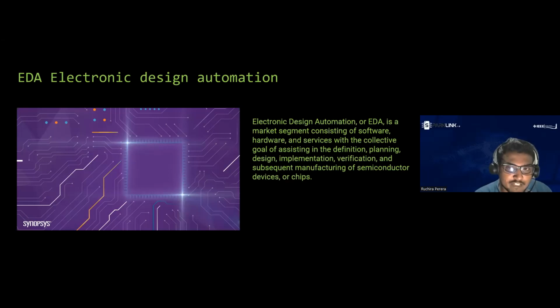Do you believe that this small chip, with a size of about 3 by 3 centimeters, contains a couple billion transistors? Can you believe it? So how have they integrated this circuit into this small piece? That is the question, and that is how electronic design automation comes into the picture.